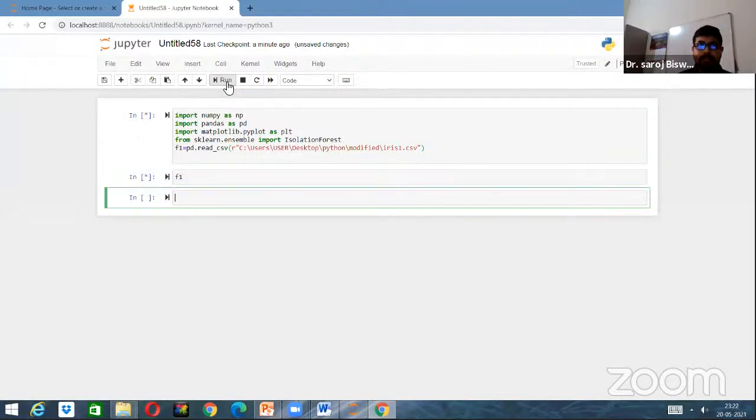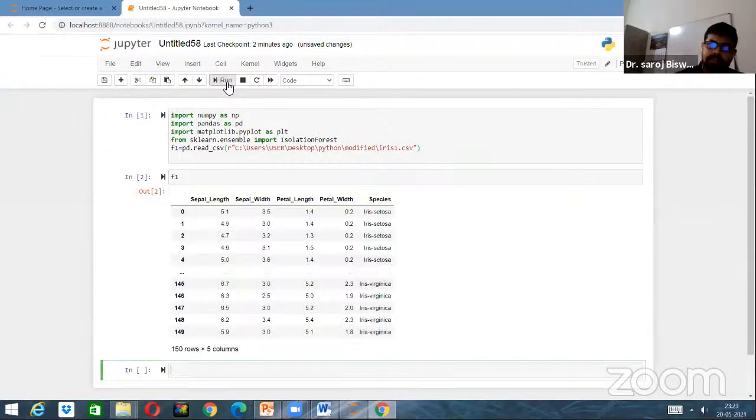It will take time initially, on the first execution. Yes, this is the data set, the iris data set.